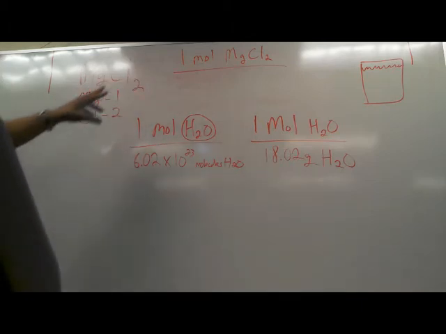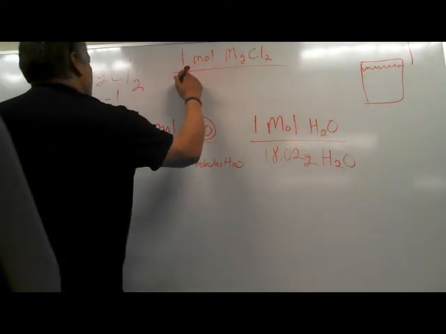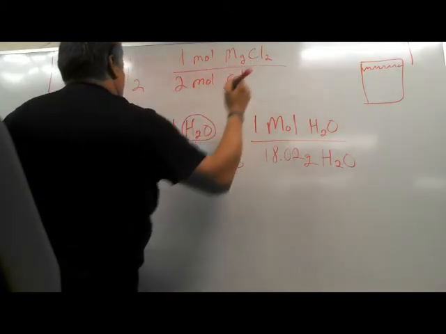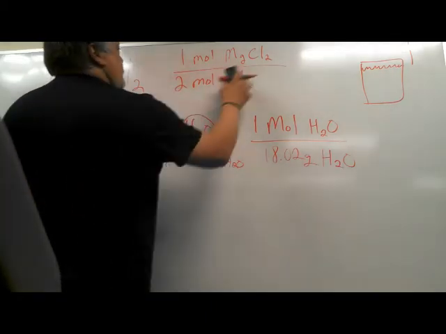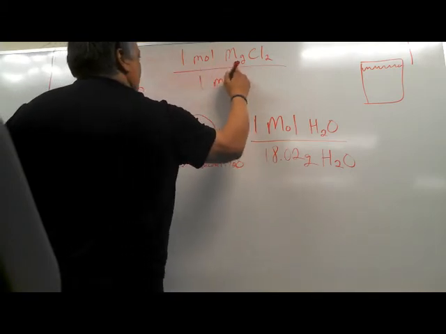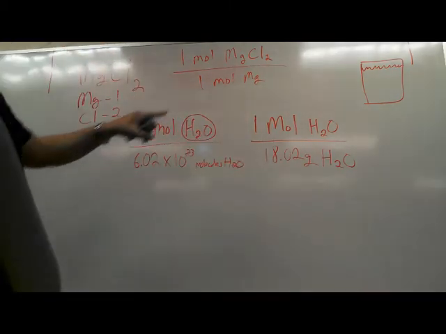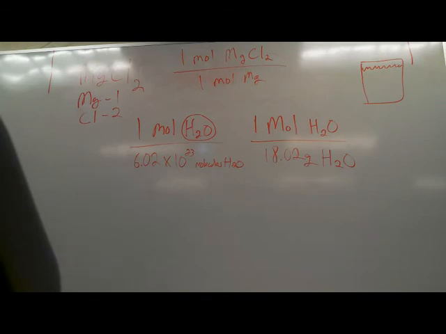So in 1 mole of magnesium chloride, there are 2 moles of chlorine and 1 mole of magnesium. How did we get that? We just looked at the quantities of each atom in the compound. Okay, so that's a start on moles.